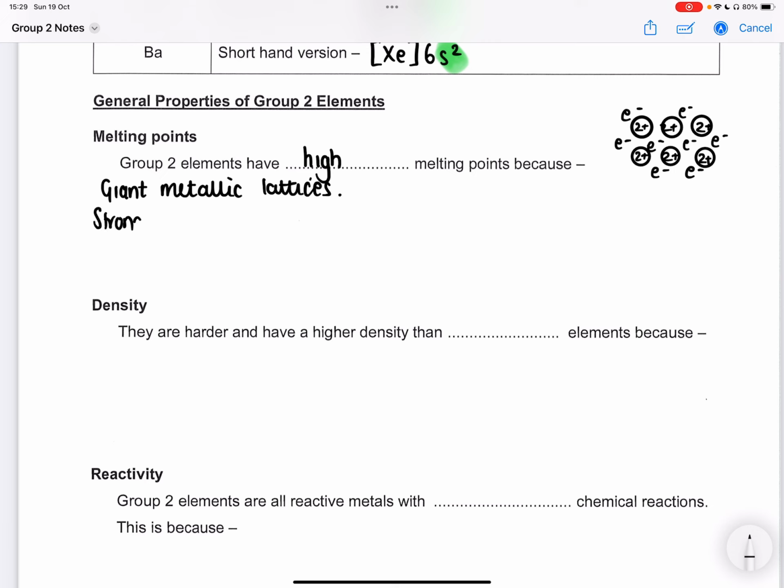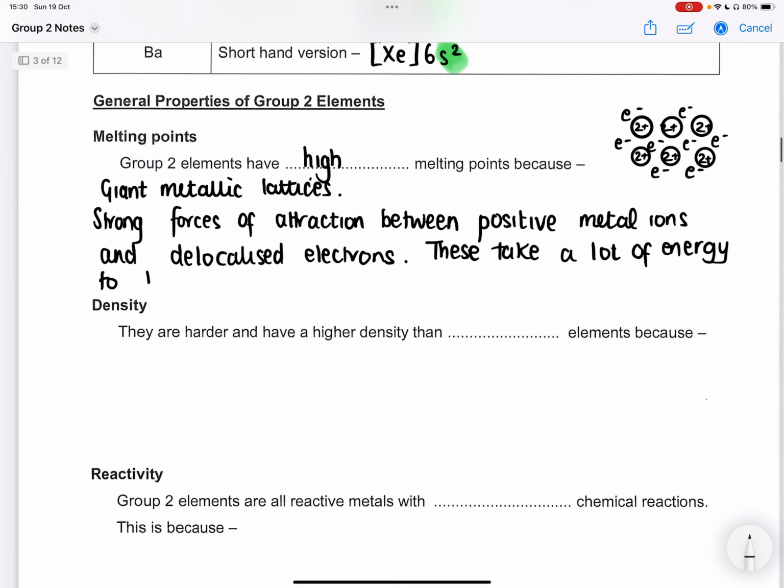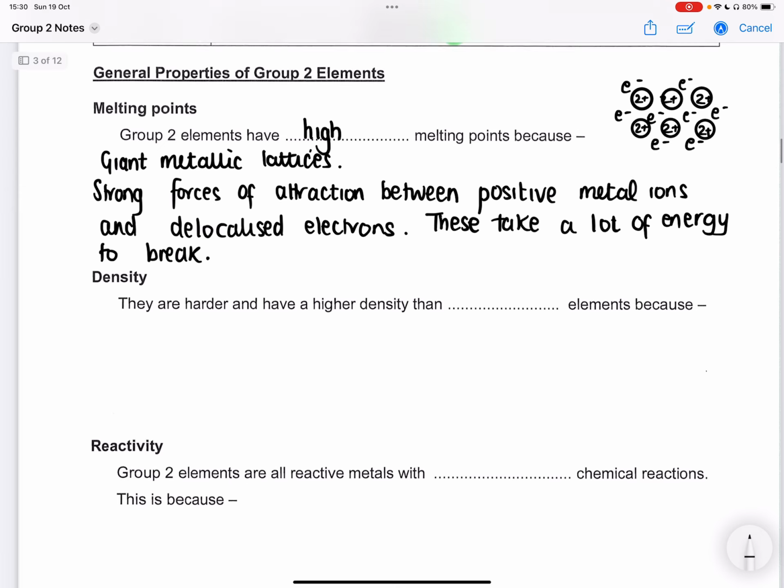So we have strong forces of attraction, and then we have to quote what metallic bonds are, between positive metal ions and delocalized electrons. These take a lot of energy to break.